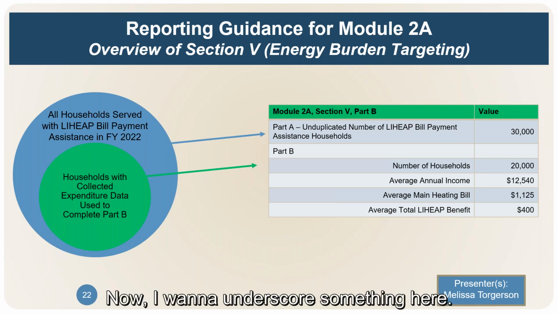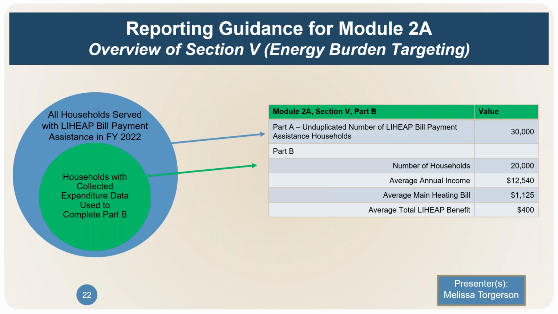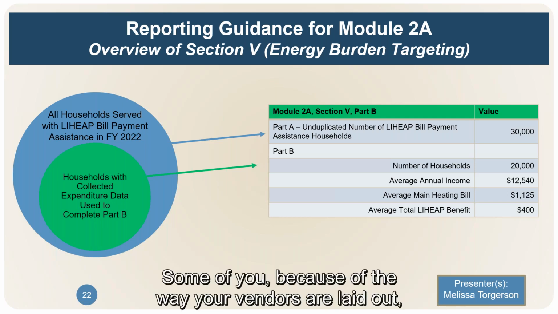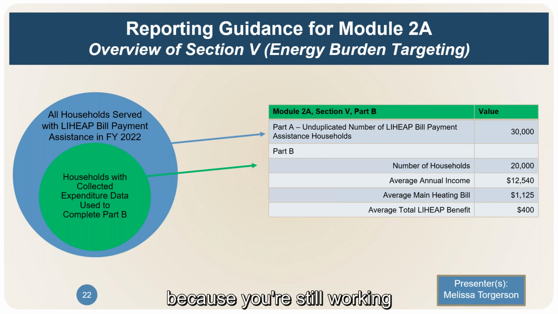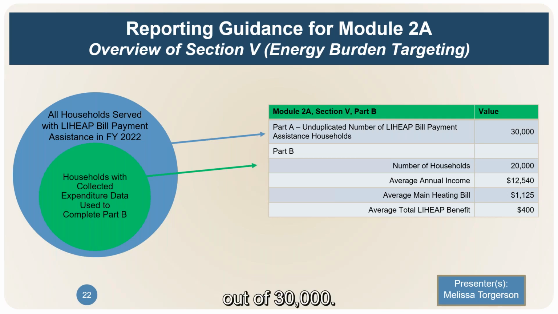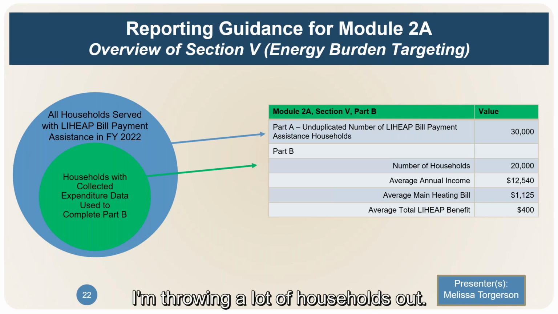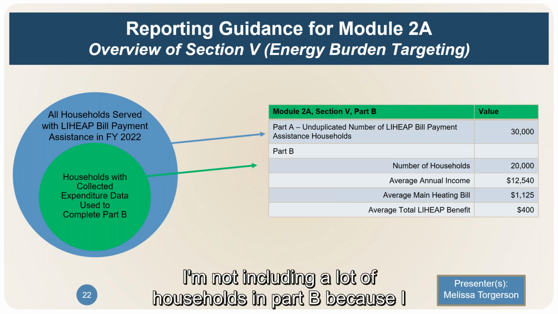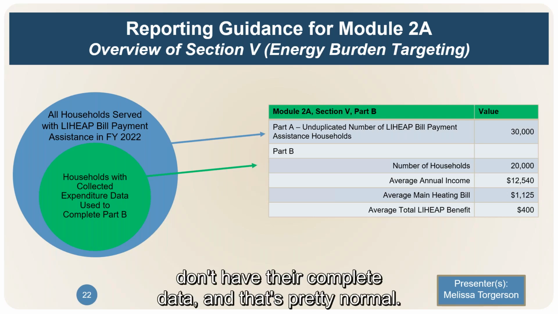Now I want to underscore something here. Because of the way your vendors are laid out, or because you're still working on vendor agreements, for a number of reasons, some of you may not get as high as this 20,000 out of 30,000. And we always get a call: gosh, I'm throwing a lot of households out. I'm not including a lot of households in Part B because I don't have their complete data.